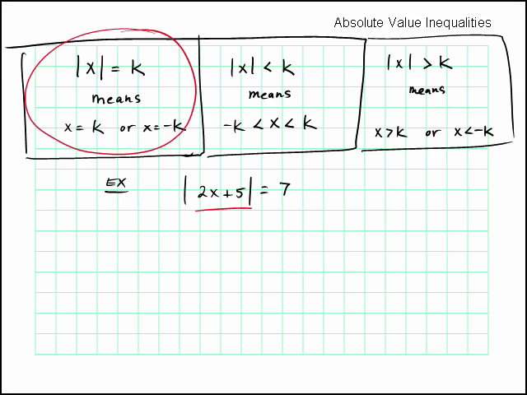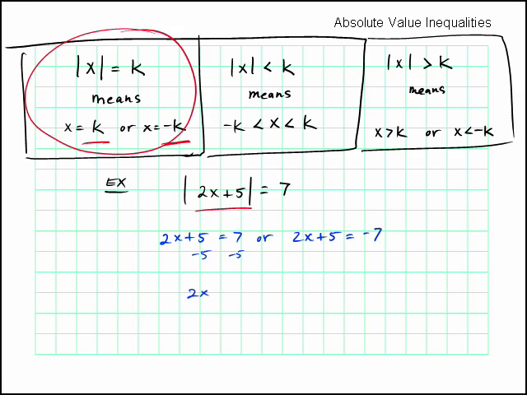It tells me this will equal 7 or it will equal negative 7, so I'm going to write that down. 2x plus 5 will equal 7, or 2x plus 5 will equal negative 7. Solve each one for x and you get your two solutions.